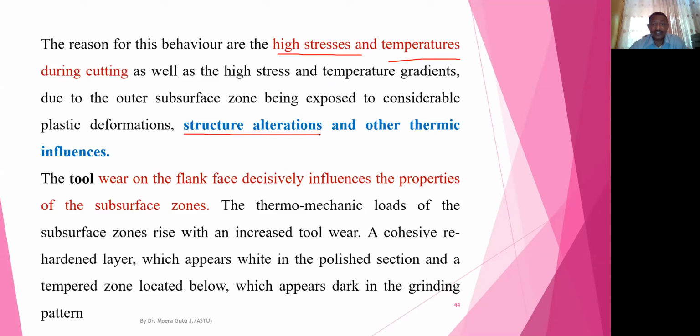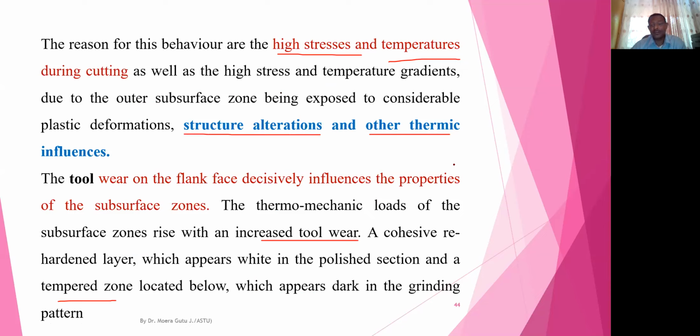The structural alteration and other thermal influences can be low. The tool wear on the flank face decisively influences the property of the subsurface zones. So the thermal and mechanical loads of the subsurface zone rise with increased tool wear. A cohesive hardened layer appears white in the polished section, and the tempered zone located below appears dark in the grinding pattern.